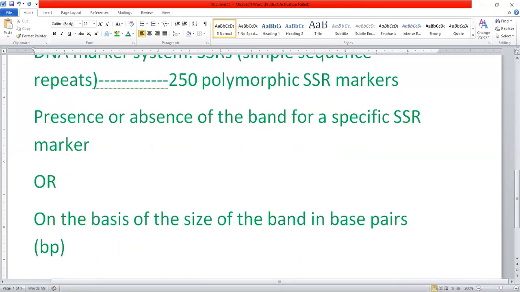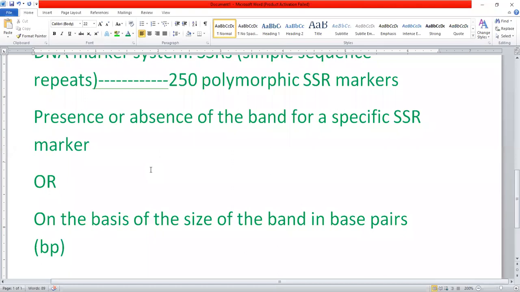So the SSR DNA marker data can be recorded either on the basis of the presence or absence of the band for a specific SSR marker, or on the basis of the size of the band in base pairs.